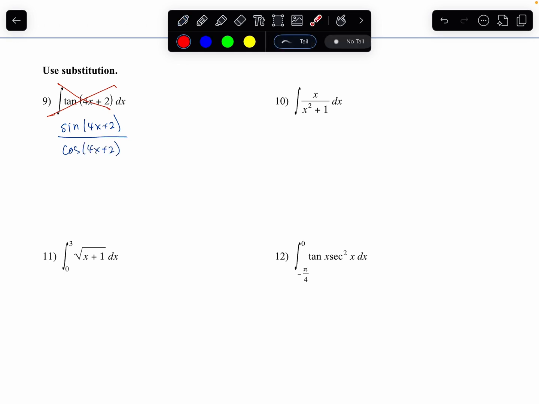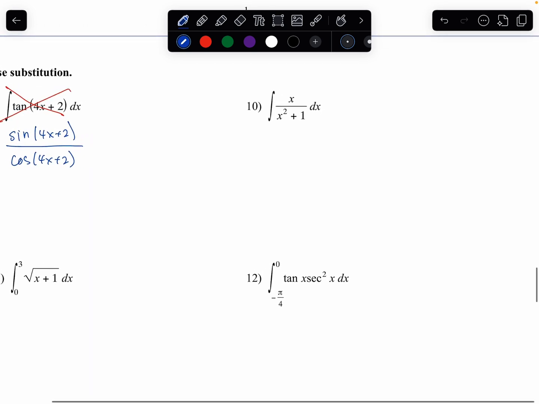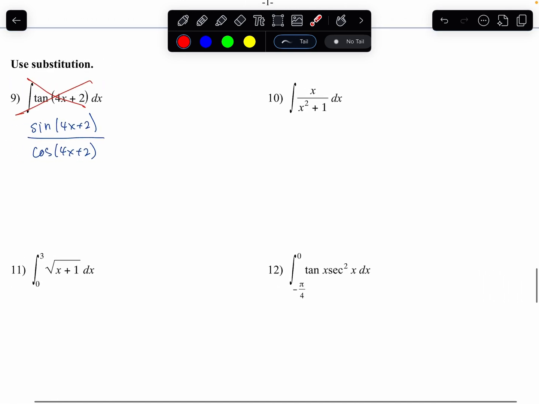And you can try and make either this u or this u, but also keep in mind that you might need a second layer of u substitution because of the inside part right there. Never mind, don't want to get into it. But yeah, if you want to give that a go ahead and have fun with that one, but I don't want to do it.